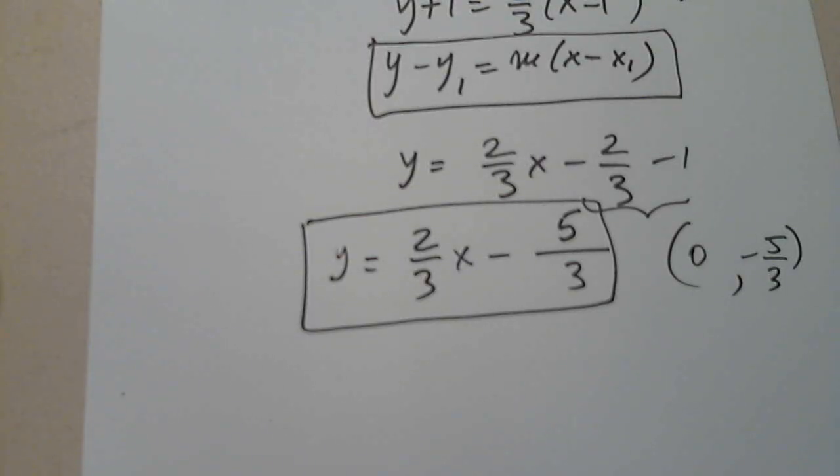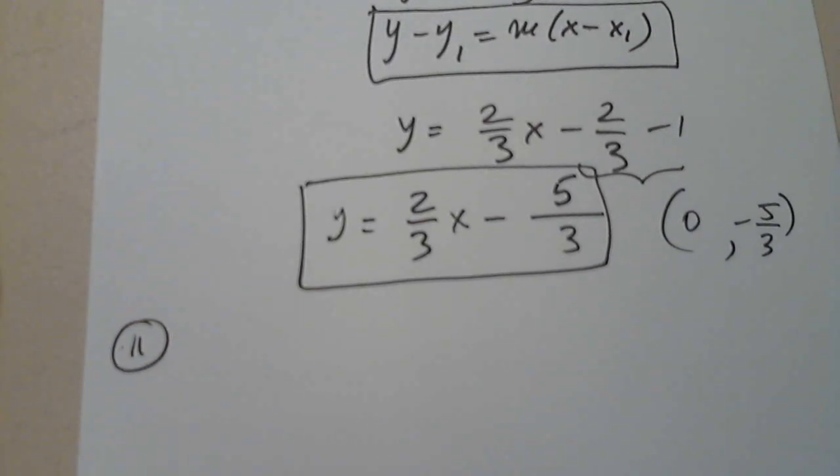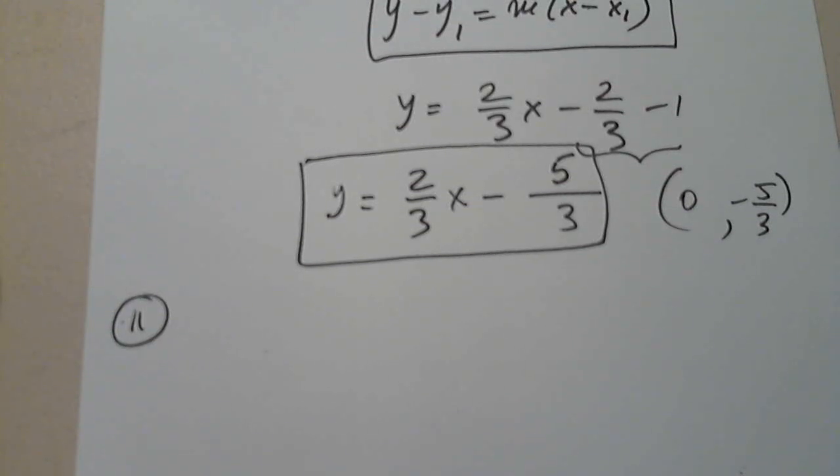Remember, 40 cents per mile is a rate, and that is characteristic of the slope. 40 cents per mile. $0.40 per mile.